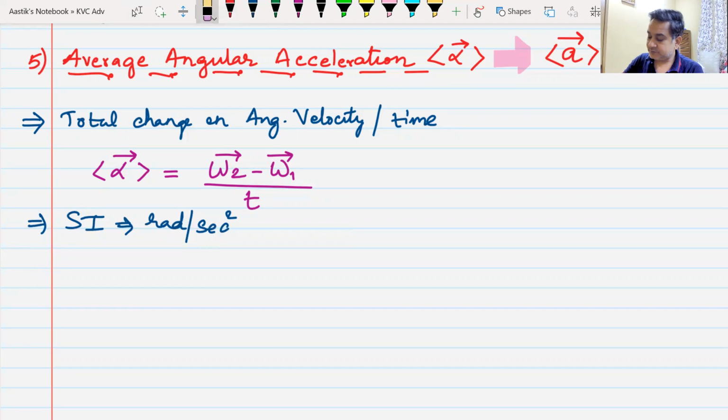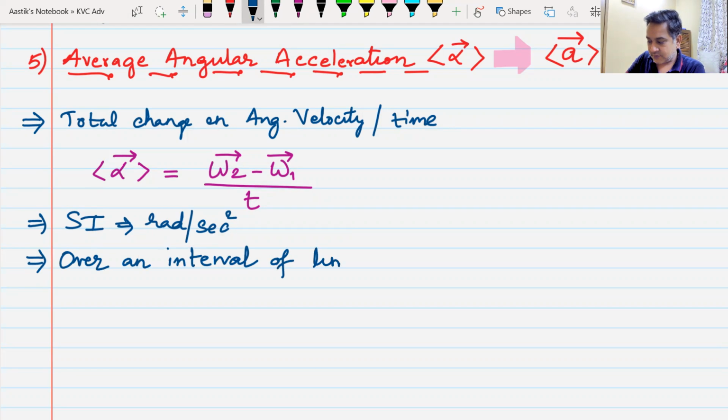Now, you must understand this average is always calculated over an interval of time, between one point to the next point, between here and there. So this average value is calculated over an interval of time.